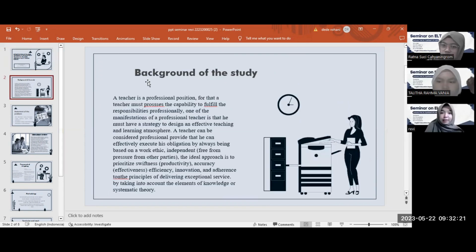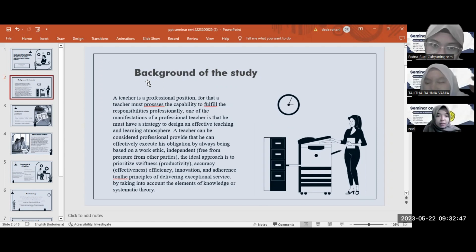For the first, background of the study. A teacher is a professional position, for that teacher must possess the capability to fulfill the responsibility professionally. One of the manifestations of a professional teacher is having a strategy to design an effective teaching and learning atmosphere.